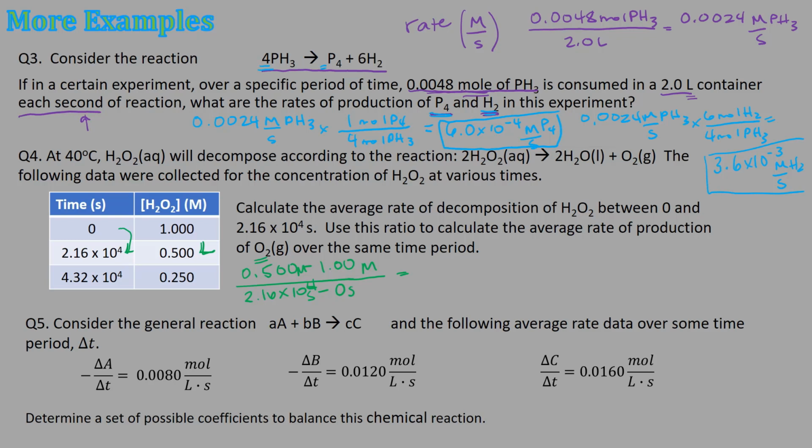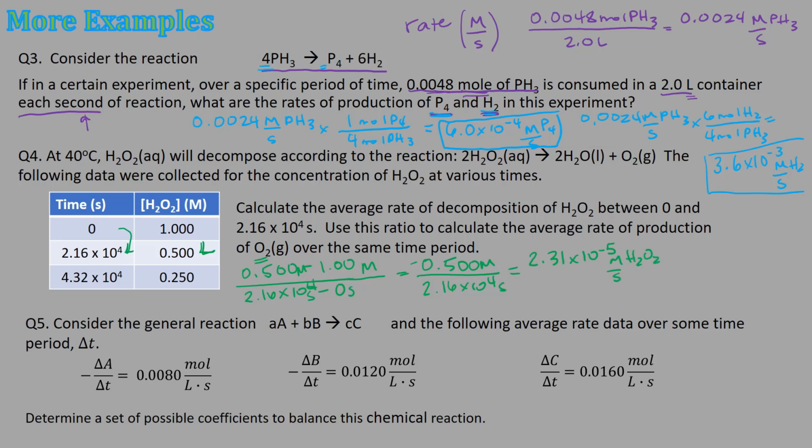So that is going to give me 0.5 molar over 2.16, that's negative, times 10 to the 4th seconds. And then if I do the math there, I get 2.31 times 10 to the negative 5th molarity per second, and that's for the H2O2.